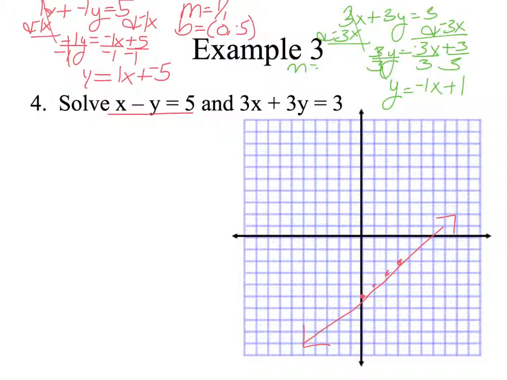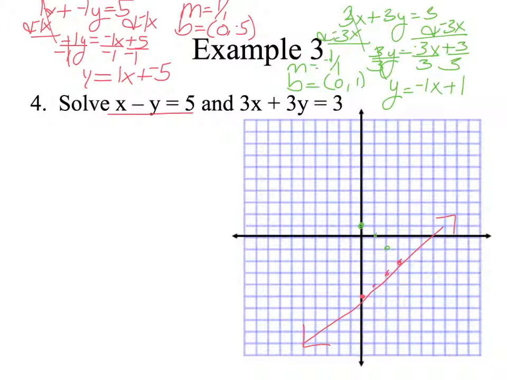So I have a slope of negative 1 over 1. Negative 1 over 1. And I have a y-intercept at 0. So my y-intercept at 0, 1. 0, 1 will be up here. Now my slope is negative 1 over 1, so I'm coming down 1 and right 1.